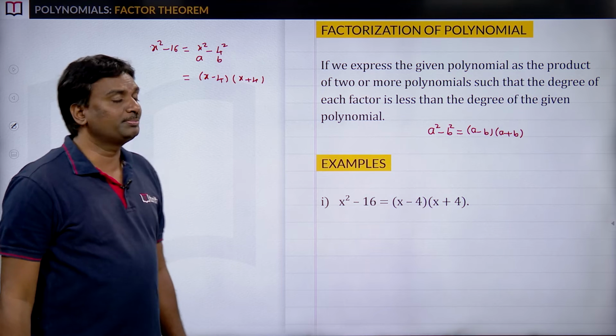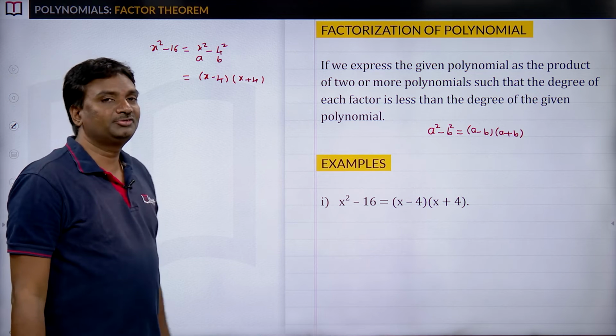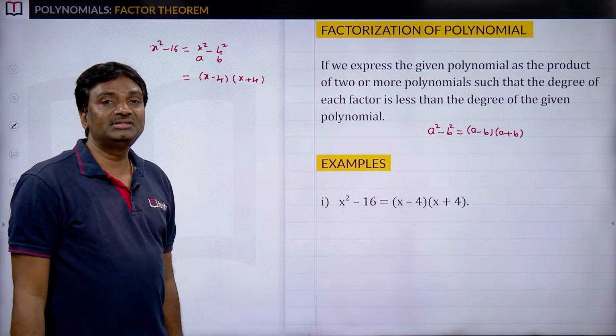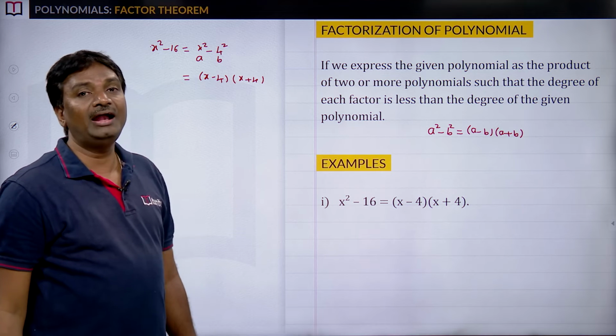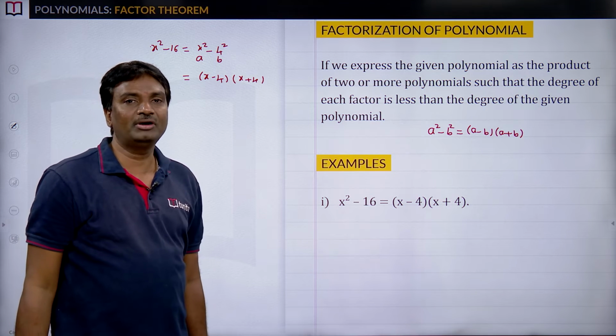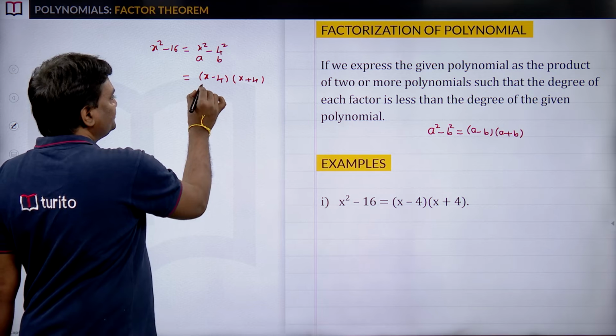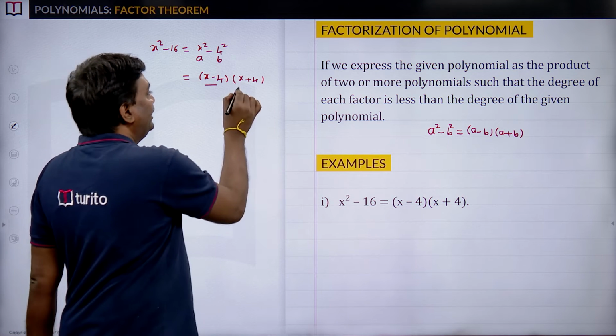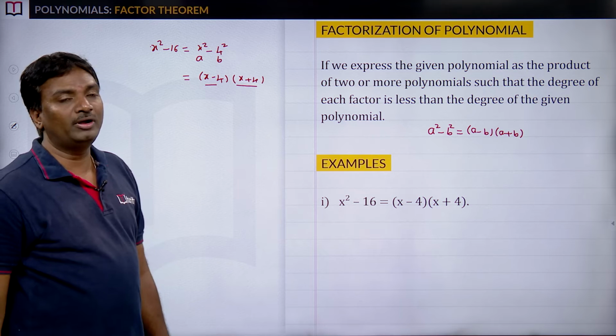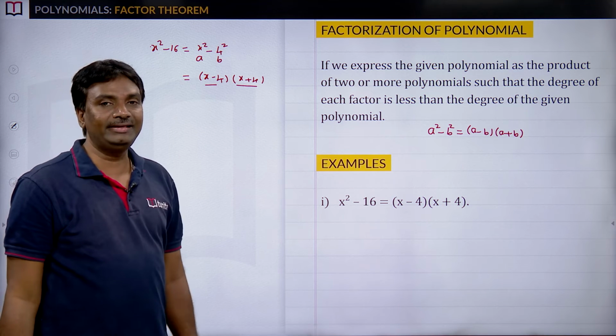So we have expressed the polynomial x square minus 16 as the product of two linear polynomials, x minus 4 and x plus 4. By observing, x minus 4 is a linear polynomial because the degree is 1, and x plus 4 is also a linear polynomial because the degree is 1.